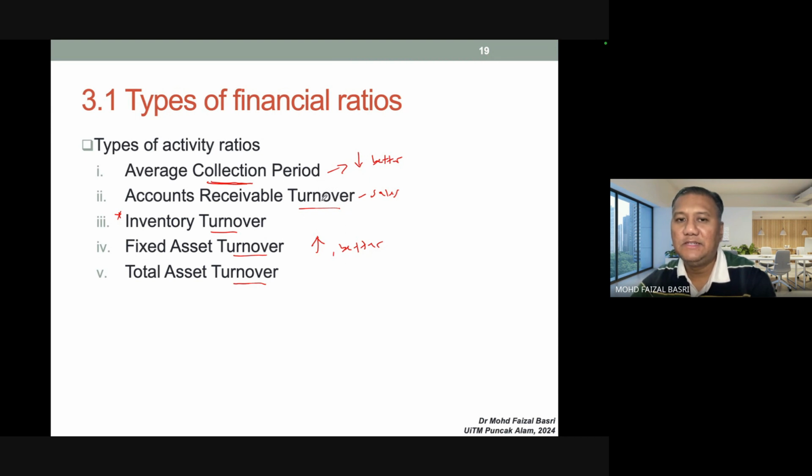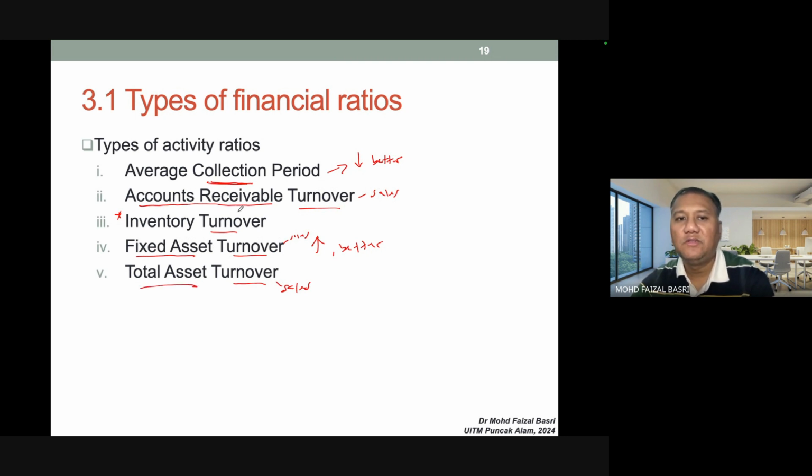Turnover ni sebenarnya you boleh represent dia sebagai sales. So semua turnover ni adalah sales. Kalau tadi ada account receivable turnover, maknanya kita ambil sales bahagi account receivable. Kalau untuk fixed asset turnover, kita gunakan sales bahagi fixed asset. And untuk total asset turnover, which is sales bahagi dengan total asset.